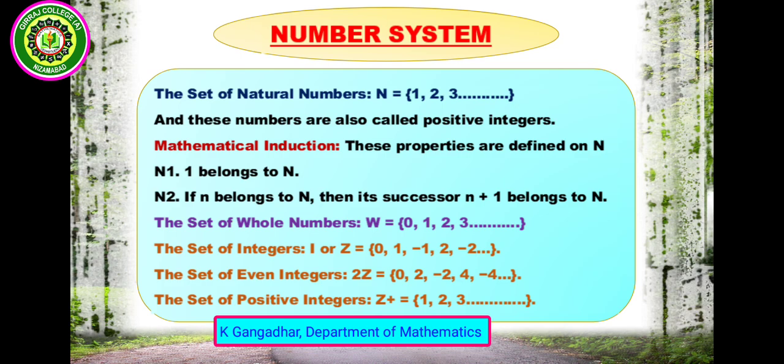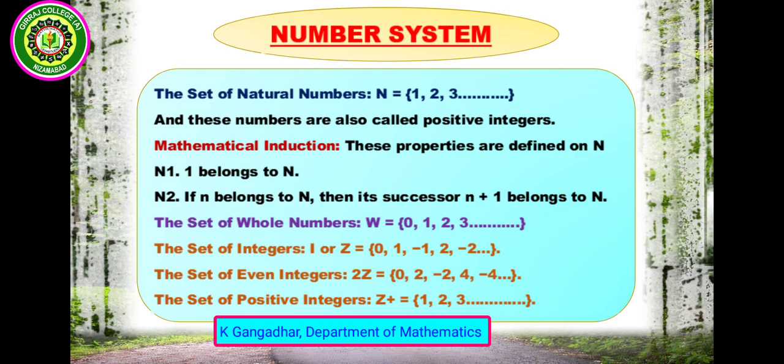These properties we define on the natural number system, and they are called mathematical induction. So first we show the given statement is true for n equal to 1, and next, assuming it is true for n, we show that it is true for n plus 1 also.